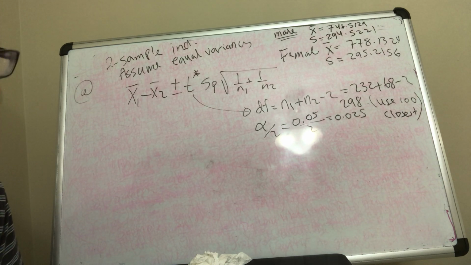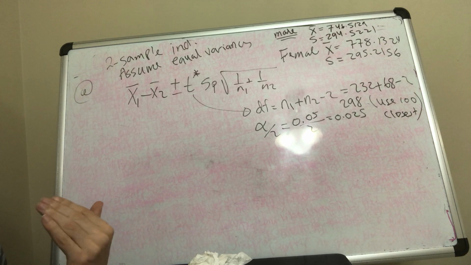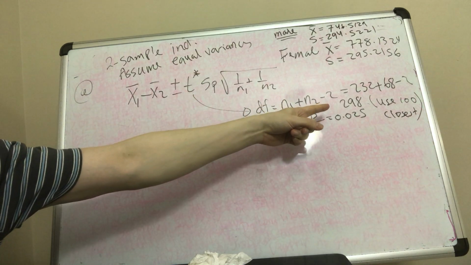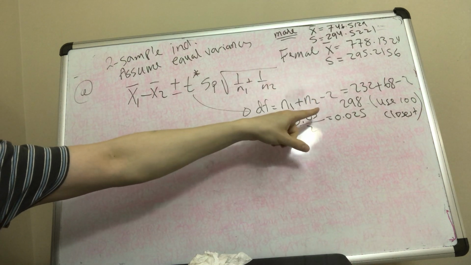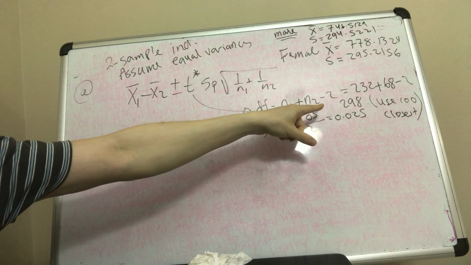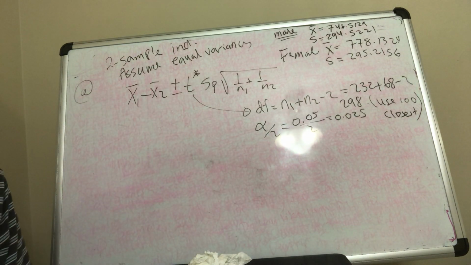If you find in your t-table that you have this one exactly or, say, degrees of freedom 250 or something closer to this but less, use that. It's not going to make a big difference.